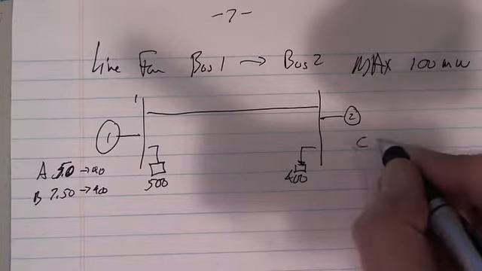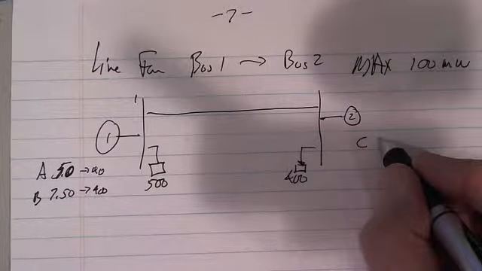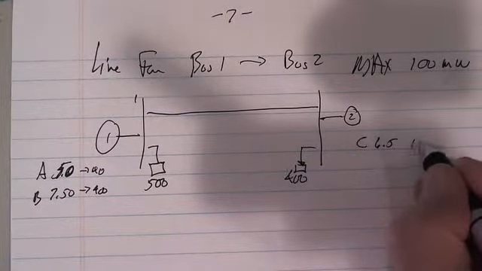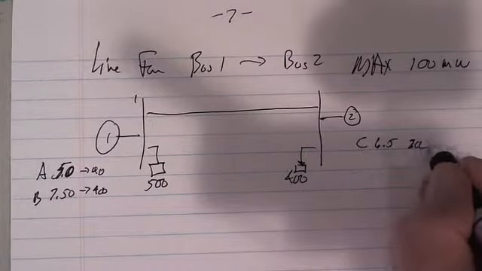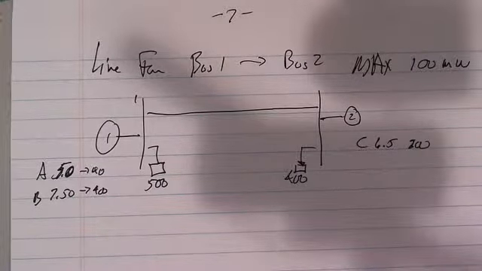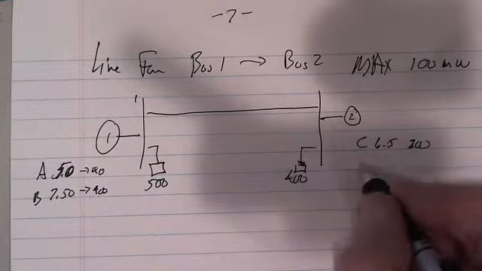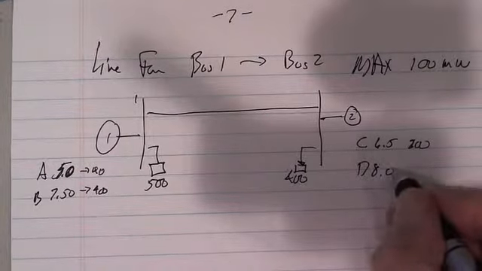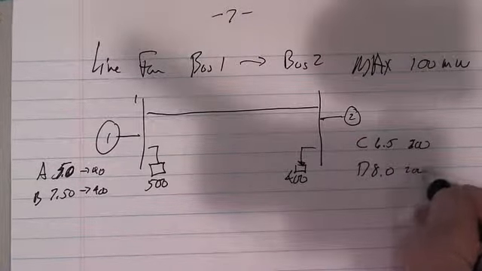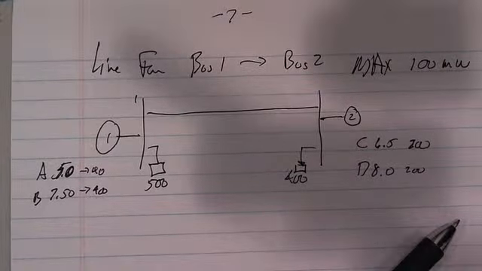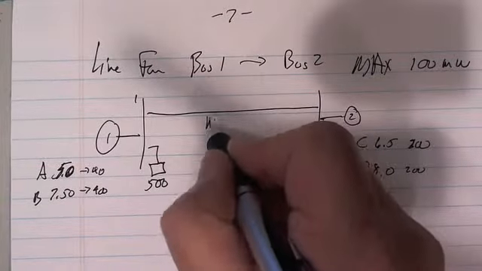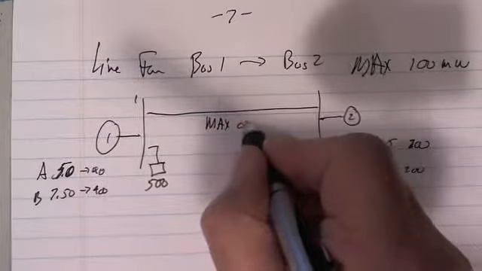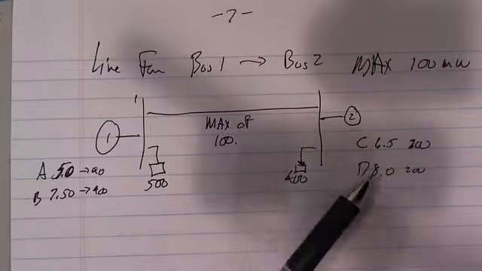This one has C at 6.5, and it's got 200 megawatts. I've got to go back and look. 200. And this one, D, has it at 8.0, and that's another 200. Okay, now remember that this line has a maximum of 100.